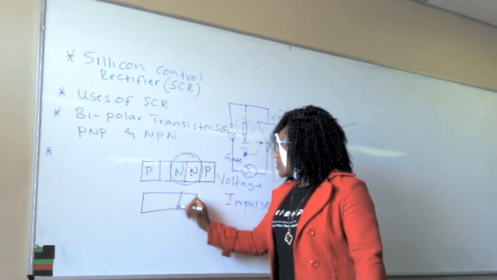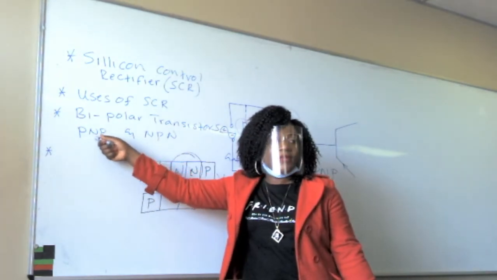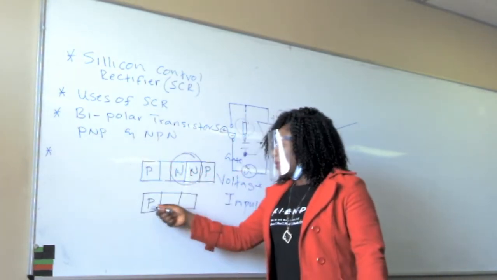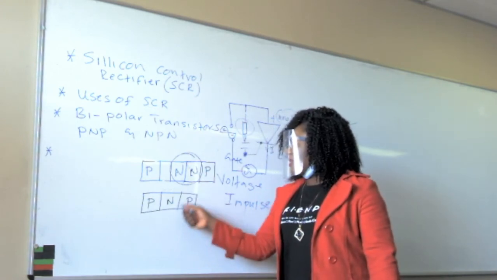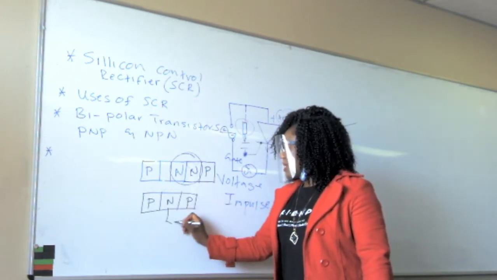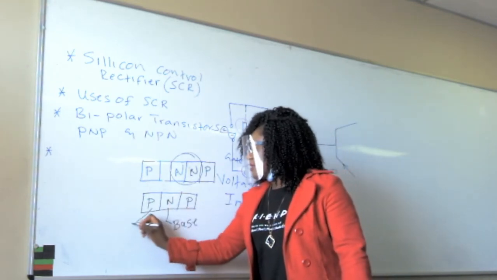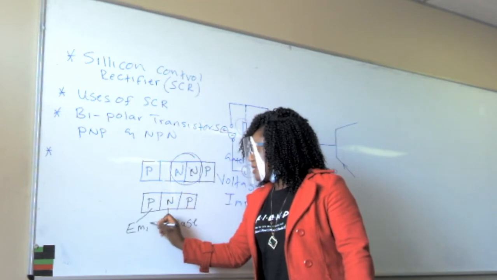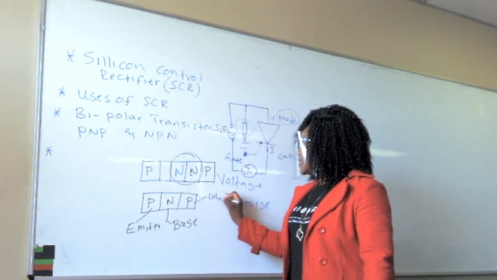A transistor has three partitions. I'm talking about the PNP: positive, negative, positive. So this central part is called the base. This first part is called the emitter. This last portion is the collector.